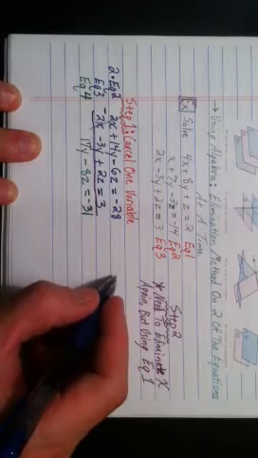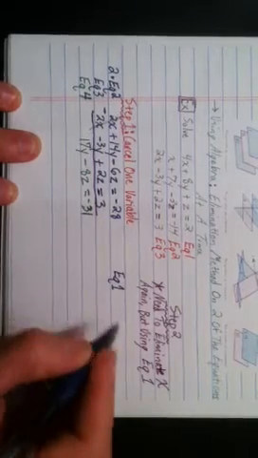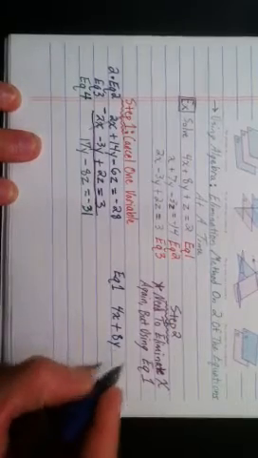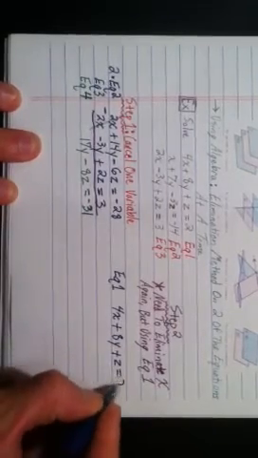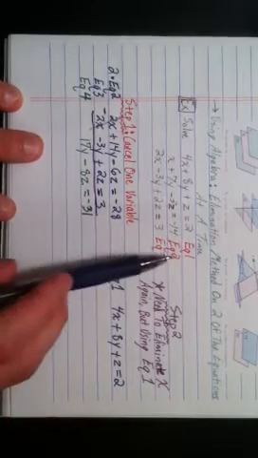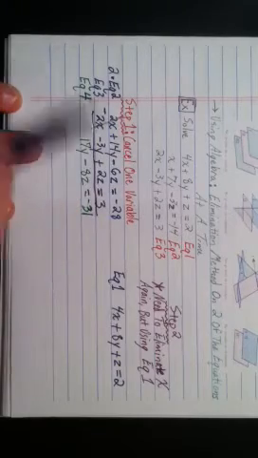Okay, so we have equation 1. We can keep it as is, 4x plus 8y plus z equals 2. We want to multiply equation 2 now by 4 to get a 4x term out front.